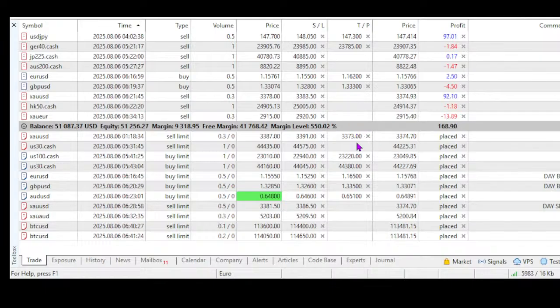Okay, I think this one we can go for 0.3 at 3590. If I sell at 3590, the stop has to be 3665.